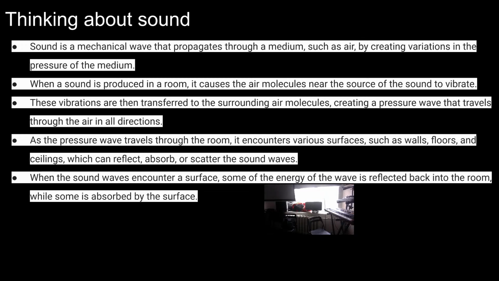This is the part that we care about now, because we're thinking about reverb. As the pressure wave travels through the room, it finds a lot of surfaces, walls, floors, ceilings, which either reflect, absorb or scatter the sound waves. When the sound waves encounter a surface, some of the energy is reflected back into the room, while some of it is absorbed by the surface.